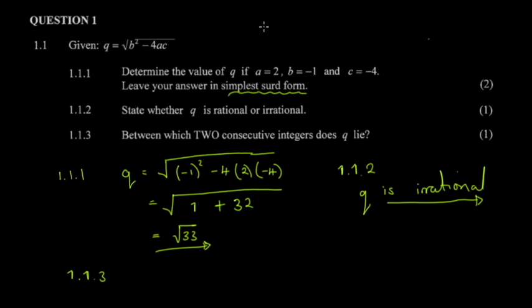The earlier square would obviously be 25. And the later square after 33 would be 36. So 33 lies between these squares. 33 is less than 36, it's also more than 25.